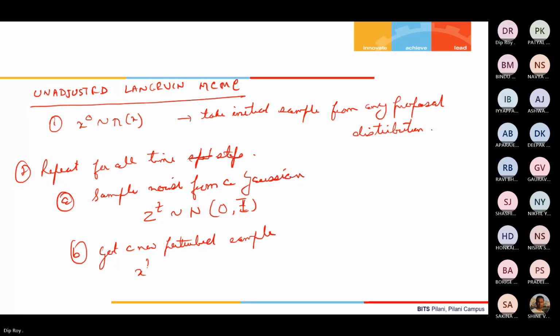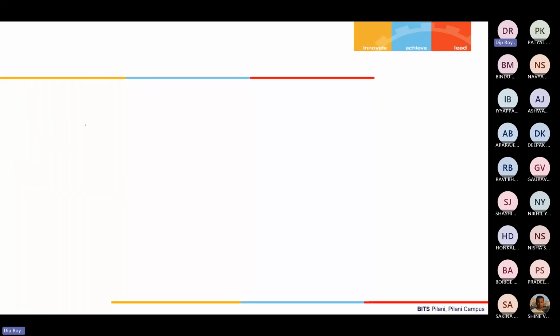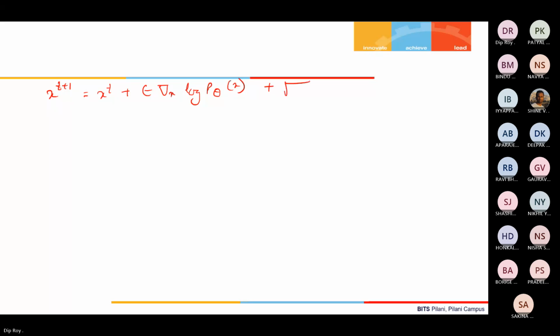So X t plus 1, or let me write it in the next slide so that we have more space. X t plus 1 is equal to x t. Let me write down the equation and then I'll explain it. This is the form of the Langevin sampling.